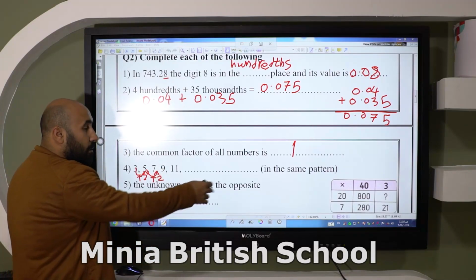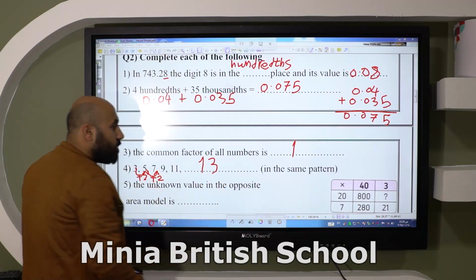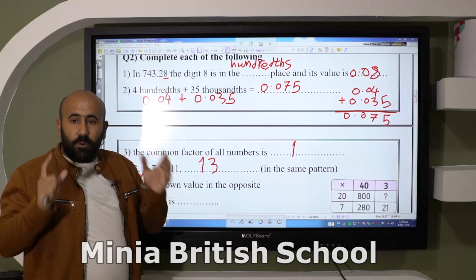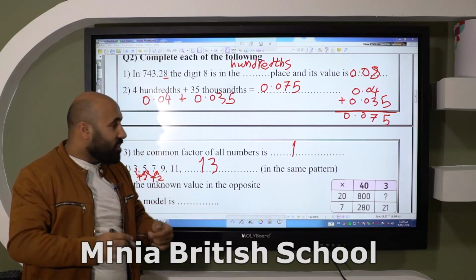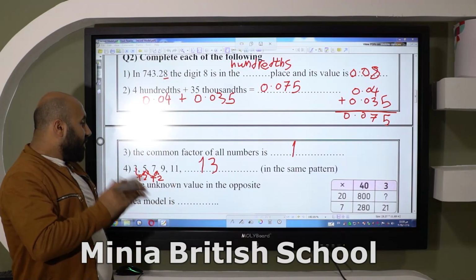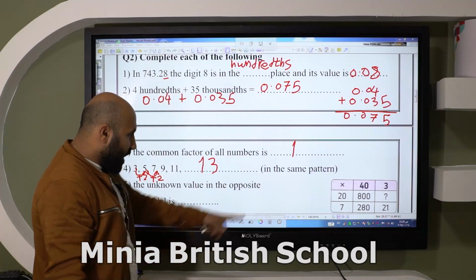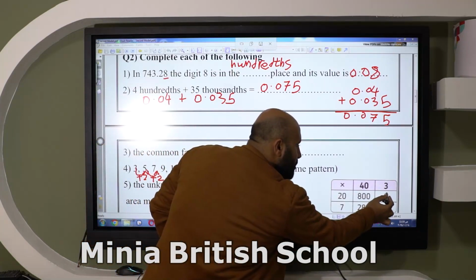So 11 plus 2 equals 13. To complete any pattern, you must notice the pattern, then determine the rule, and then use it.